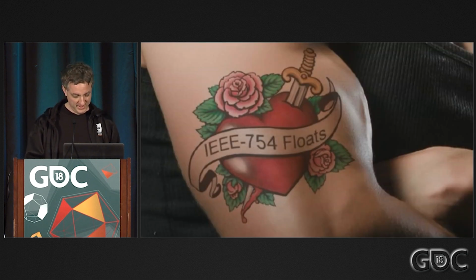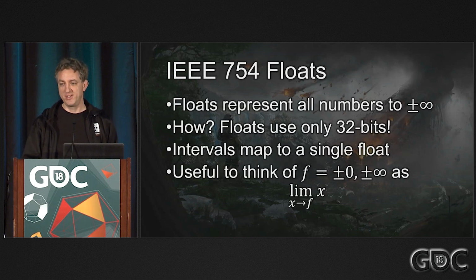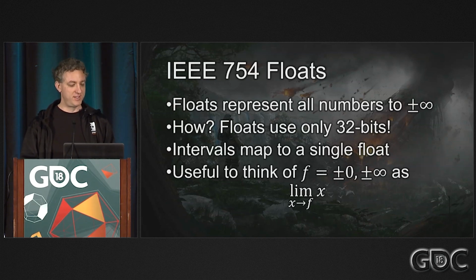So I like IEEE floats because they are very smart about their decisions. In IEEE floats, you can represent all numbers from -infinity to +infinity, and you do that in only 32 bits, which is only possible because intervals map to a single float. And for the edge cases of ±0 and ±infinity, it's useful to think of those values as limits as you approach them instead of as discrete values.